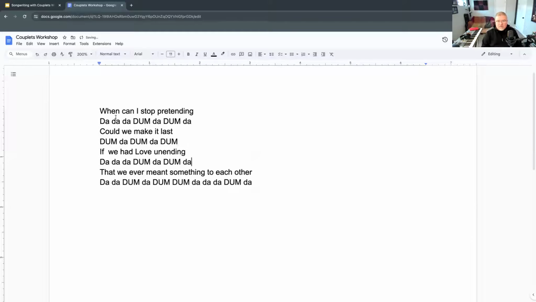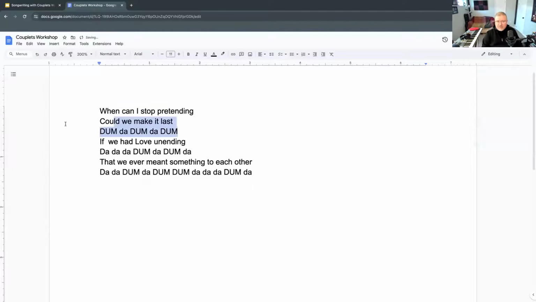So what if it was, when can I stop pretending? Could we make it last if we had love unending, that we ever meant something to each other? And you could change it to, did we ever mean something to each other? It changes the emotion of the section based on how the rhythm is happening and how the structure is happening.